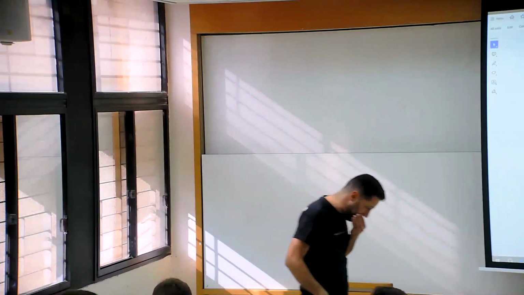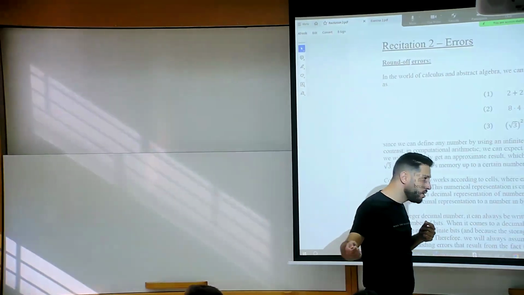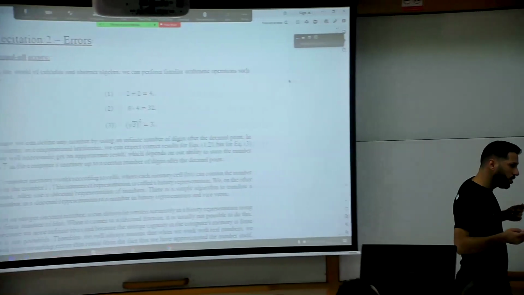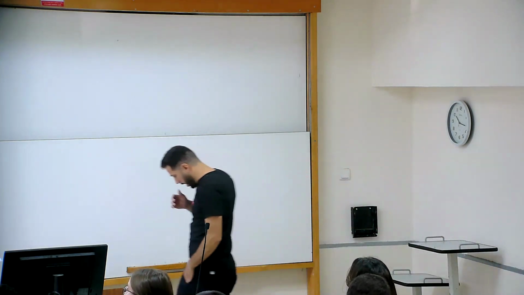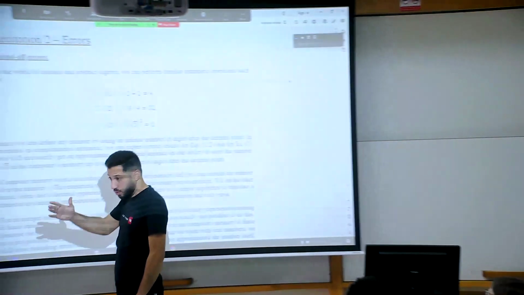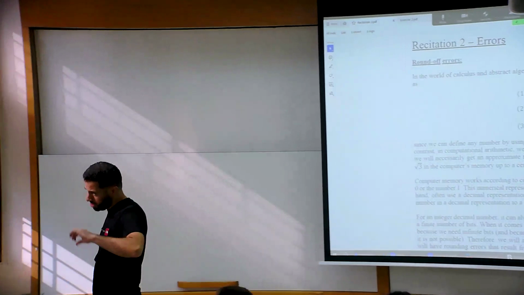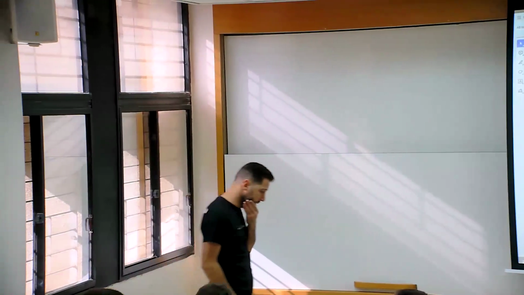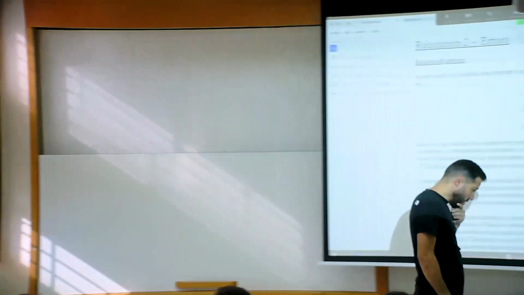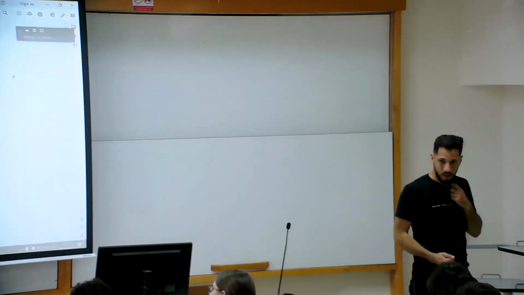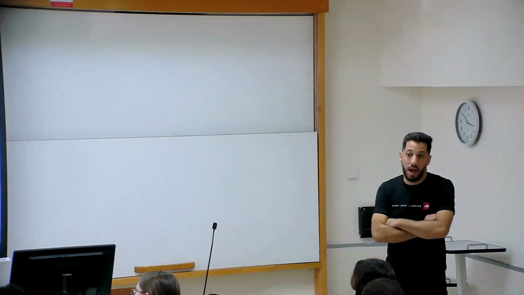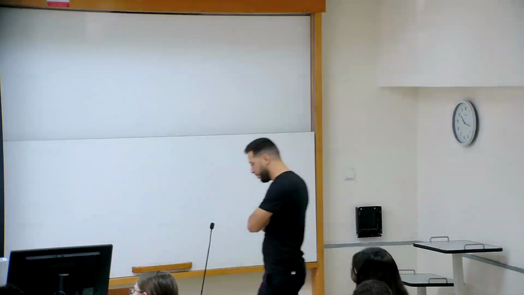So if I take the one to represent the case of the voltage or the current being above some cutoff or threshold, this is the one, and the zero is when the voltage or the current is below some value. So this is much stronger and more robust against errors or noise than using the analog value of the signal.